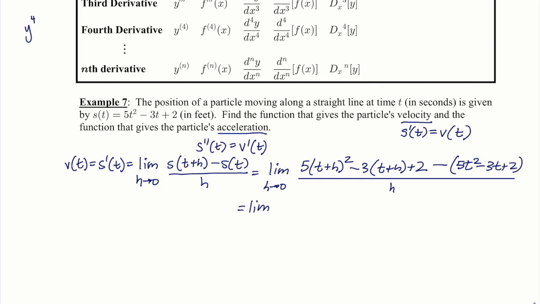So hopefully you're getting used to simplifying these. We want to expand the numerator, but first we'll expand this binomial. So we'll keep the 5 out, t squared plus 2th plus h squared, distribute by negative 3, and then distribute the subtraction, which is distributing a factor of negative 1.